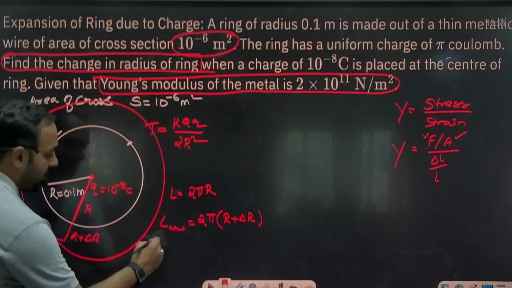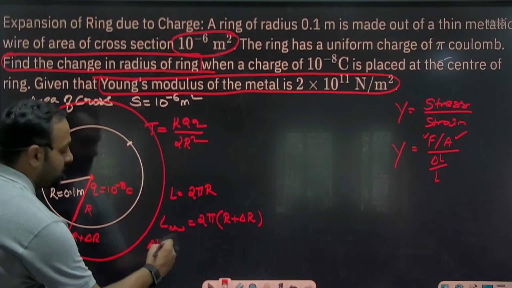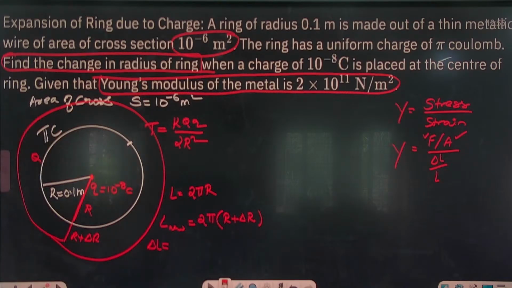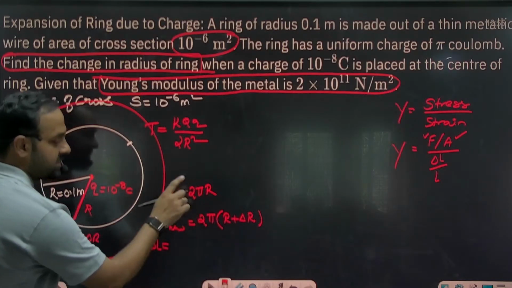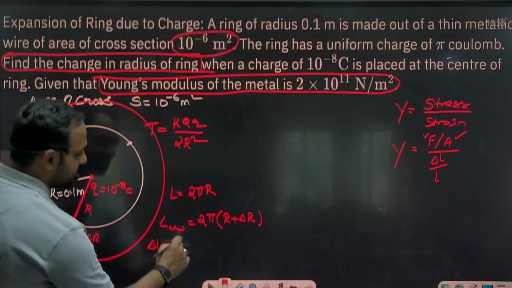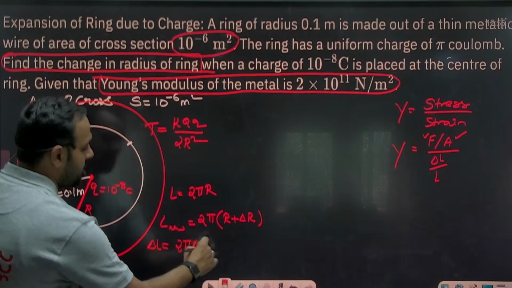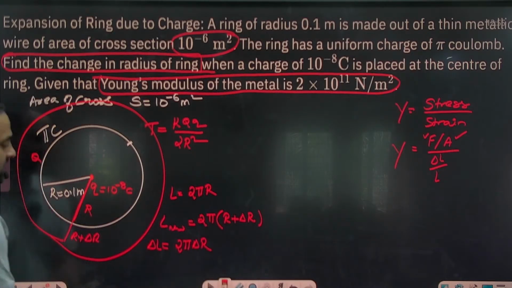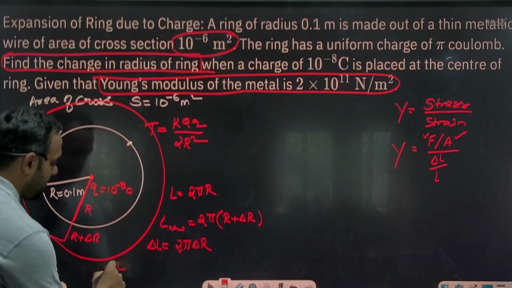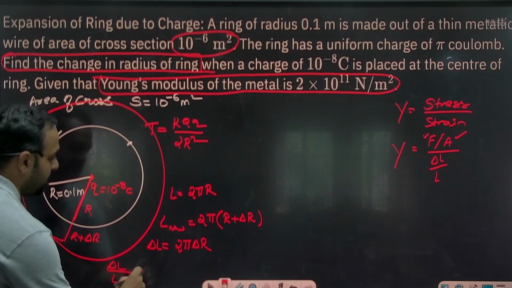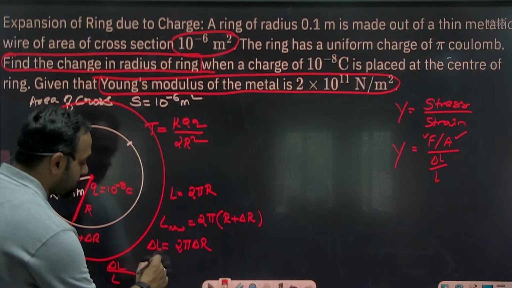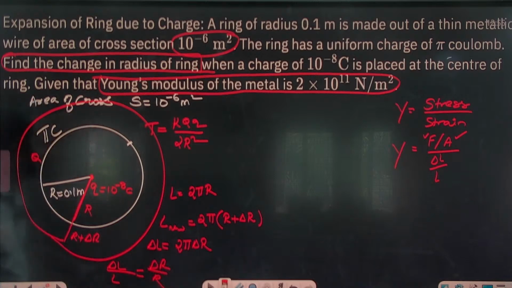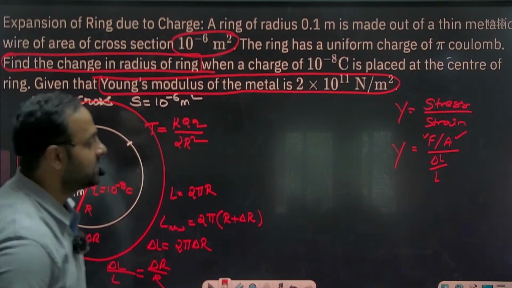The change in length is 2 pi (r plus delta r) minus 2 pi r, which is 2 pi delta r. So delta L by L comes out to be delta R divided by R.